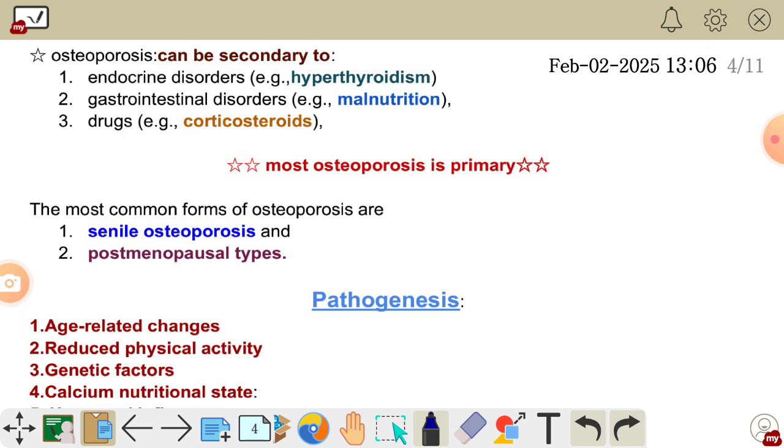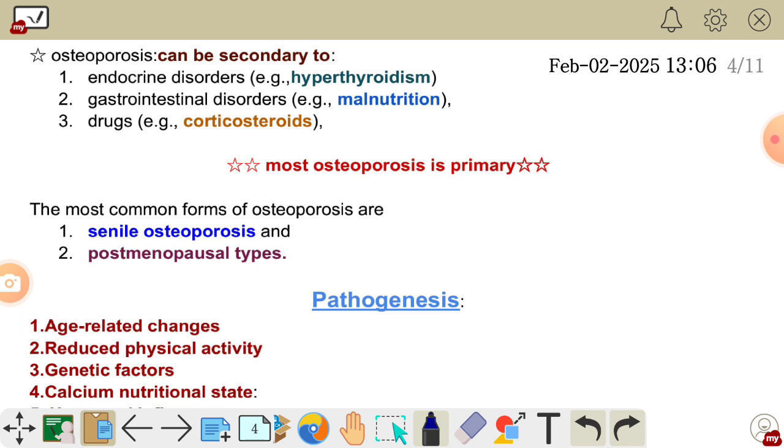Okay, so elevation in hormones or decrease in hormones, such as hyperthyroidism, where we have increased secretion of T3 and T4. Those are thyroid hormones. Okay, so under hypothyroidism, we are going to have osteoporosis. And then we have gastrointestinal disorders such as malnutrition.